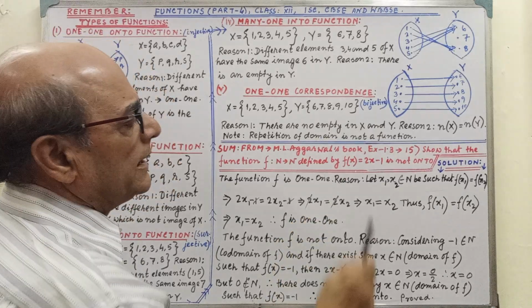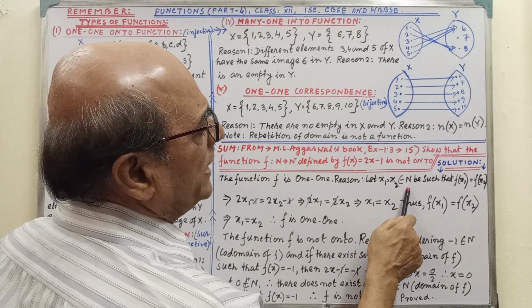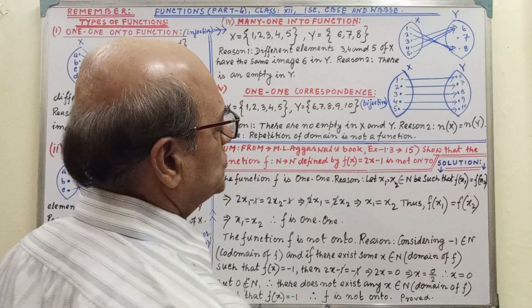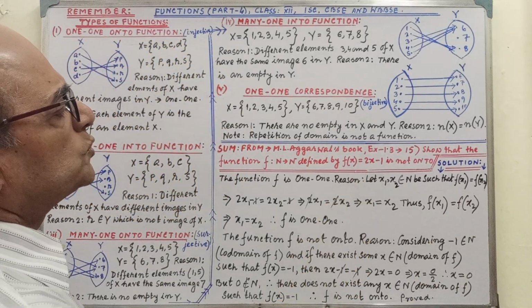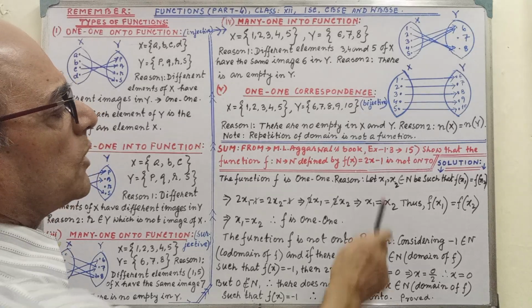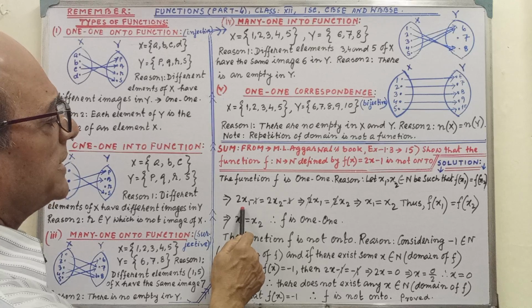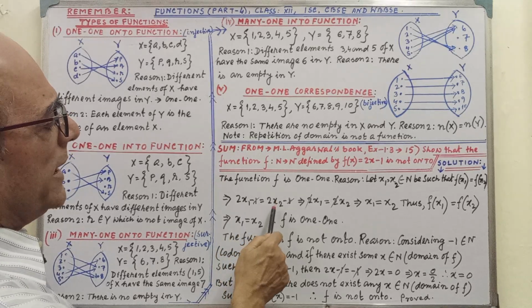Reason: let x1 and x2 belong to N be such that f(x1) equals f(x2). In place of x we put x1 and x2. By putting x1 we are getting 2x1 minus 1.